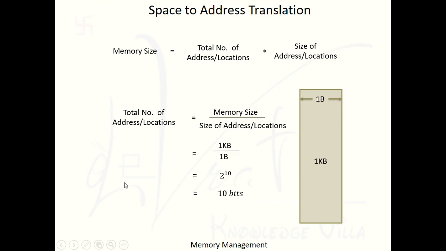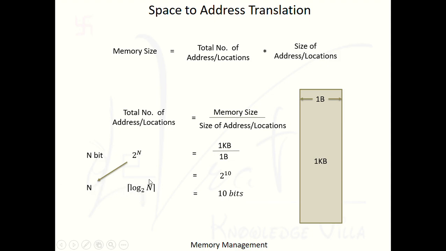Actually the formula is, as we have already learned, if we have n bits, we can generate 2 raised to n addresses. Now I want to find out this n. If we are able to generate 2 raised to n addresses, how many bits do we require? Bits means n. Suppose it is 2 raised to 10, how can I find out n? Directly, n is log base 2 of the number of addresses.